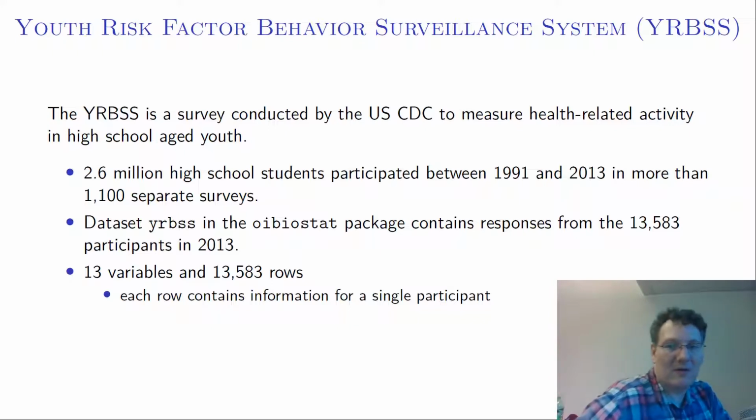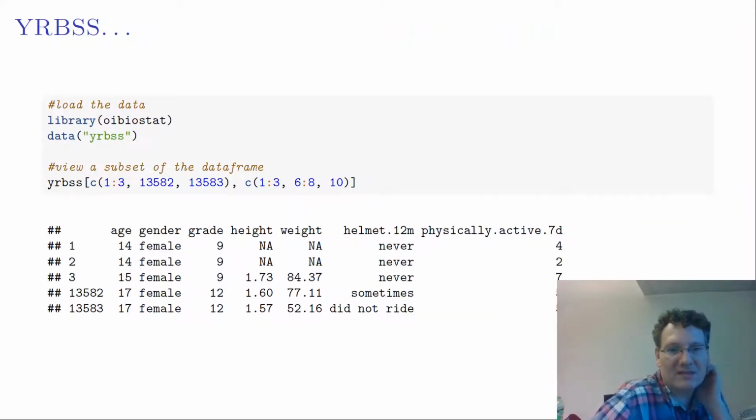We have 13,583 responses in this YRBSS data set with 13 variables. So each row is like a single participant's responses to the 13 survey questions or things about that person. So an example, you'd see age, gender, grade, height, weight, and some other things.